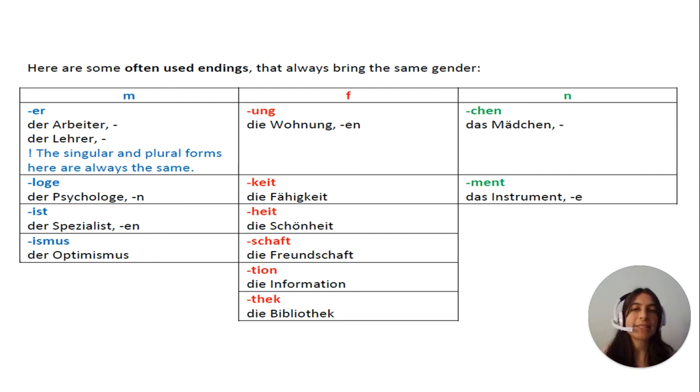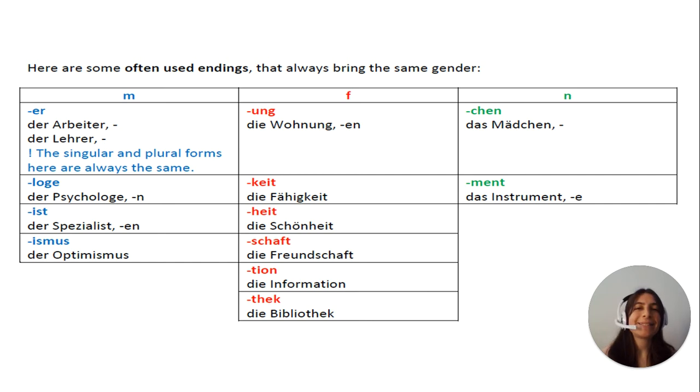So if you have this ending er, it's always masculine and the plural form stays the same. Then another suffix is loge, der Psychologe, or the ending ist, der Spezialist, or the ending ismus, der Optimismus.